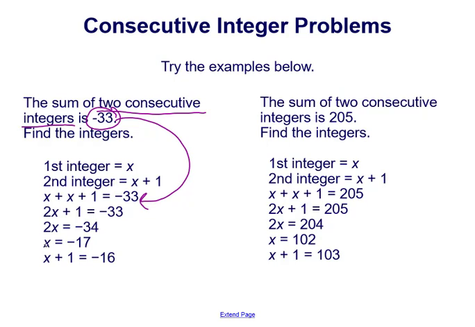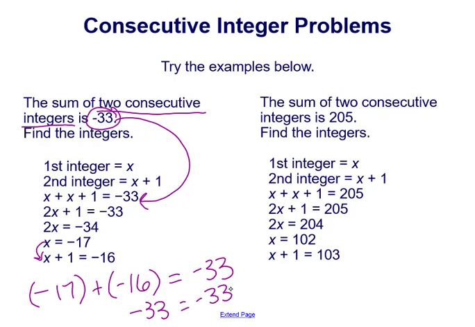So if x is -17, we would do -17 plus 1, which gives us -16. So the two consecutive integers that have a sum of -33 are -17 and -16. And if we add -17 plus -16, we do get -33. We get -33 equals -33.